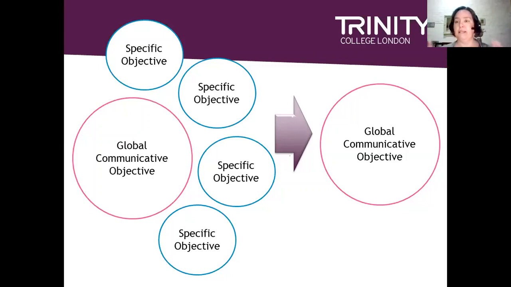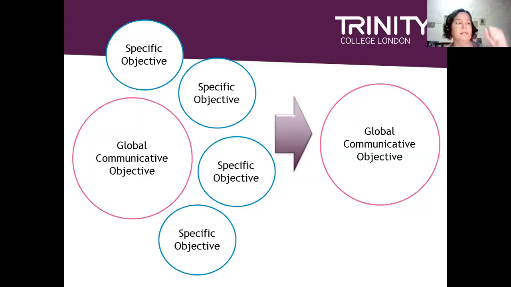So let's give an example now. By the end of the lesson, students will have to discuss or give a presentation called Why My Pet is More Than a Pet to Me. Once I've got it clear in my mind, I start writing the global communicative objectives. So in that final task, one of the things that students will have to do is describe their pet. There you are with your global communicative objective.